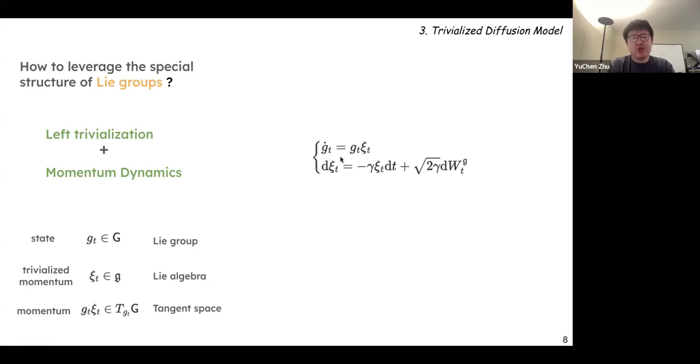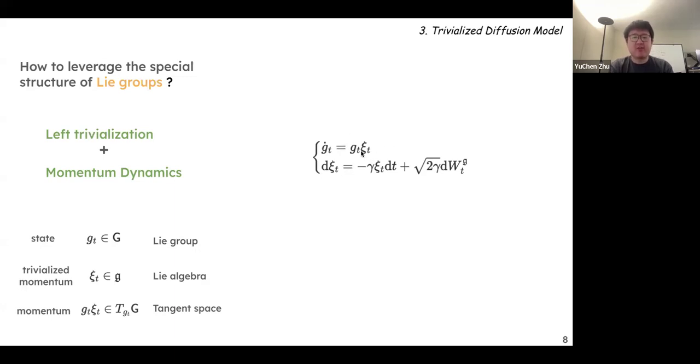In general, if we're running some dynamics on a manifold, the velocity of the state variable will have to stay in the tangent space at this position. That's what G_t ξ_t represents. This is the usual momentum.